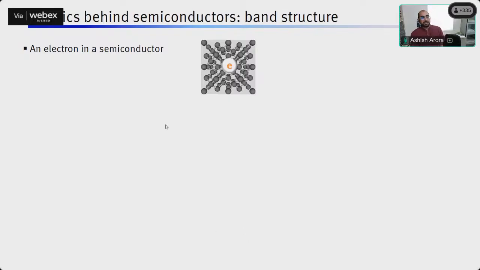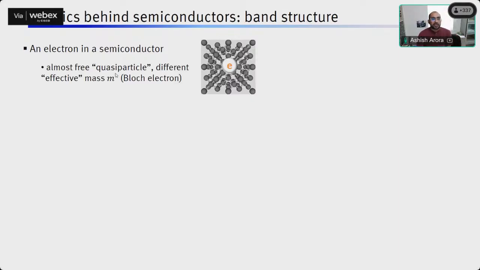Now, we are physicists, so we have to understand the physics behind semiconductors. And when I say physics behind semiconductors, what we have to understand is the band structure. The topic of band structure becomes very important in the beginning of the solid state physics courses which we teach, where it starts with the fact that once we place an electron in a periodic crystal, the electron loses its own identity but becomes a part of the whole crystal and is now called a quasi-particle which has some effective mass m star.